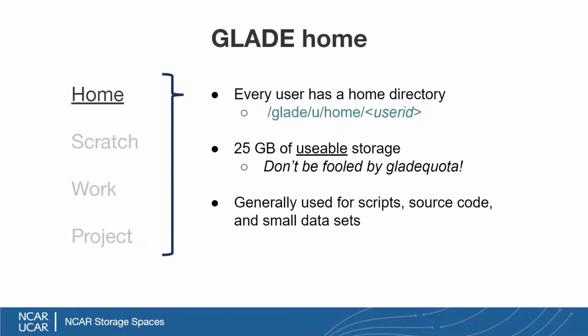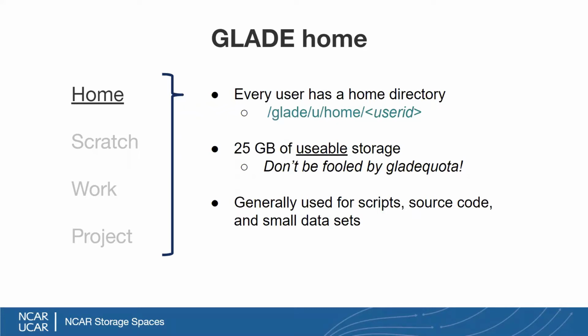Starting with home, something familiar to most of you, not just on our system but on most. Every user has a home directory, and the full path name, as you see there, is /glade/u/home/ and your user ID. Every user has 25 gigabytes of usable storage, and I emphasize usable there.